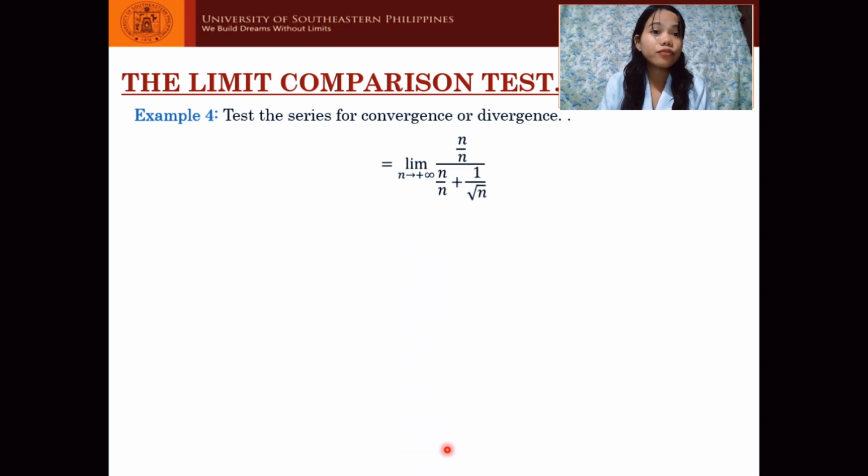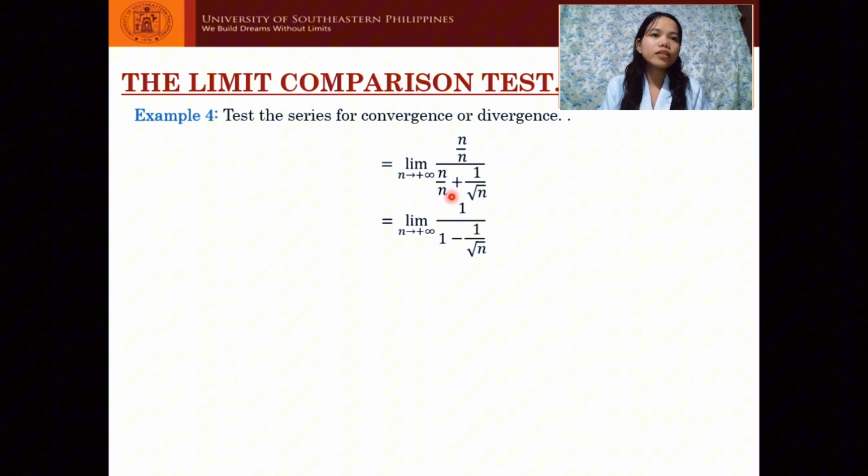As you can see, n over n is equal to 1, so we need to simplify it. So the limit of 1 over 1 plus 1 over square root of n, as n approaches positive infinity, then we have now the 1, evaluate the limit or apply the limit.